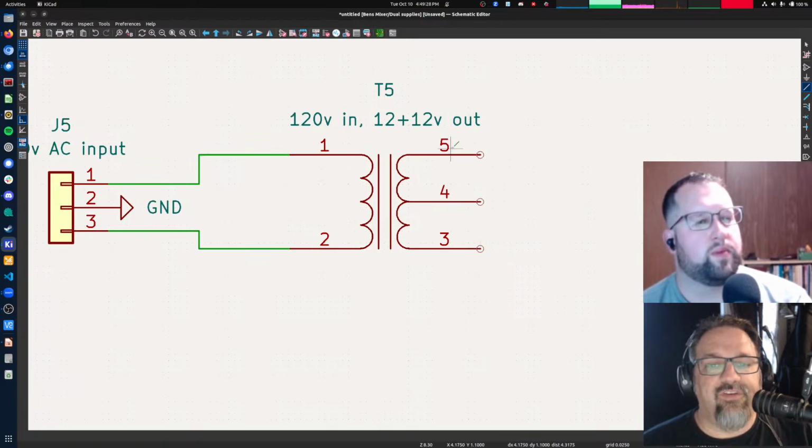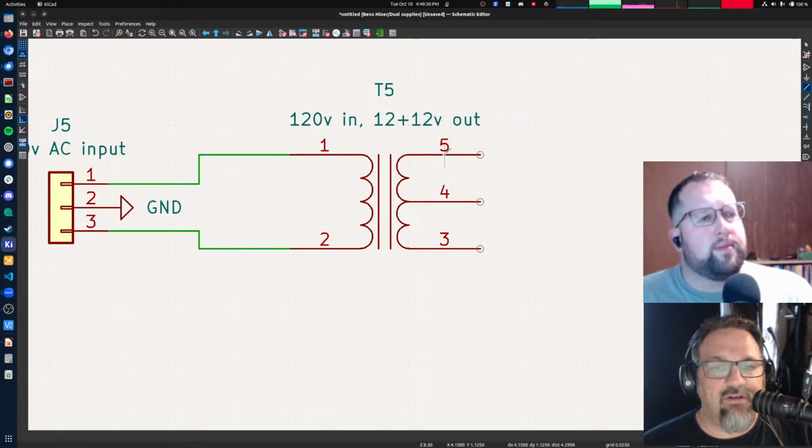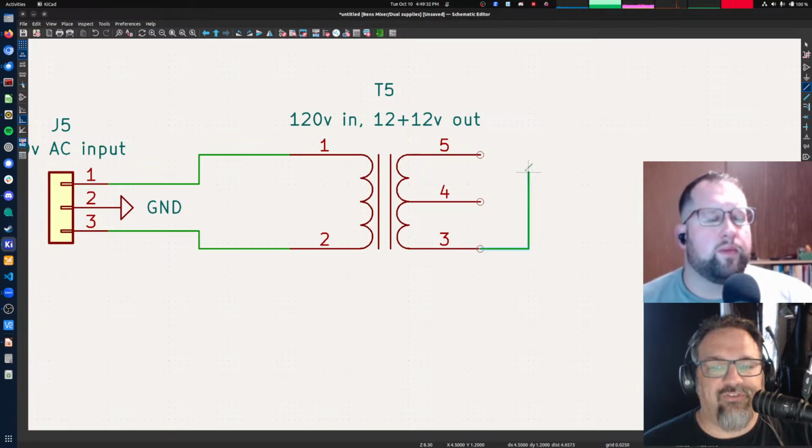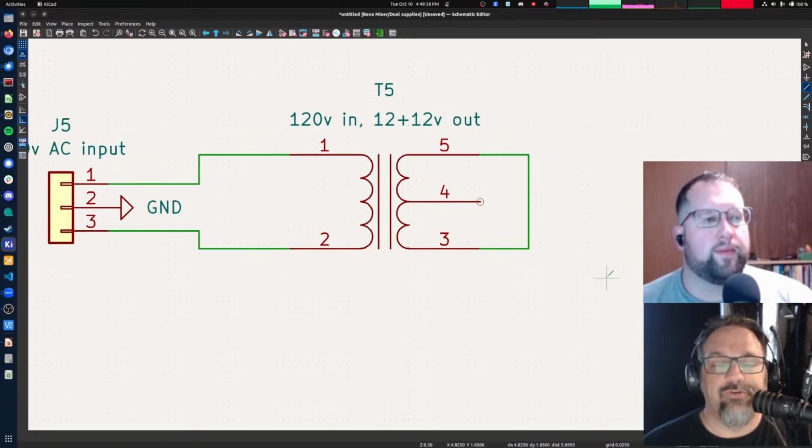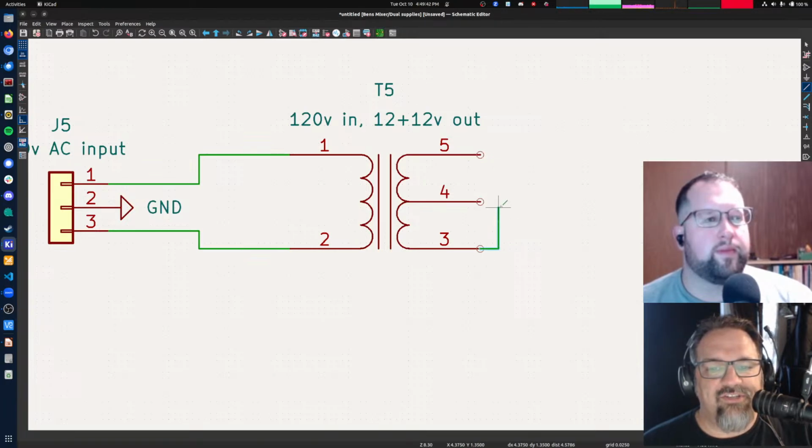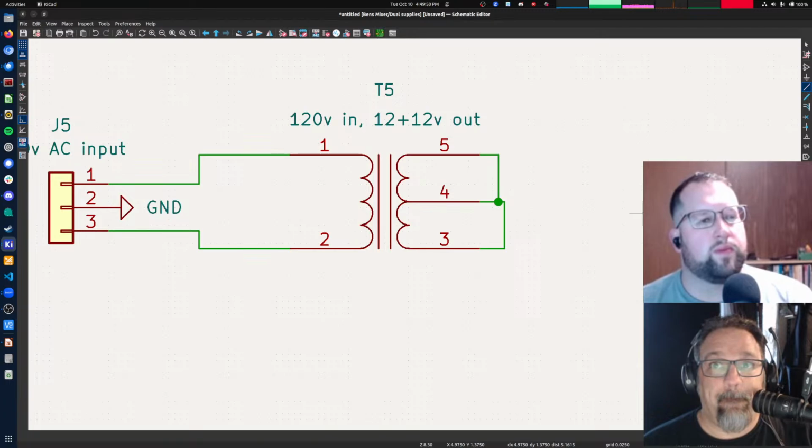You can either view this as a single 24 volt output if we use those two taps, or as a 12 volt output from here to here and another 12 volt output from here to here. And that's what we're going to do.